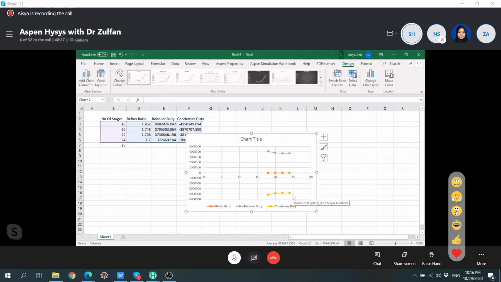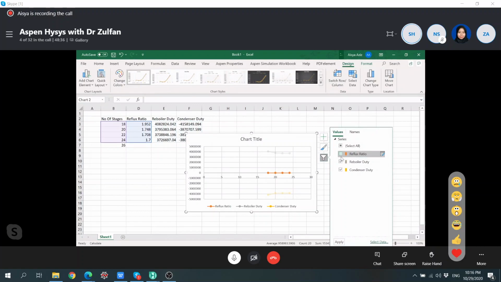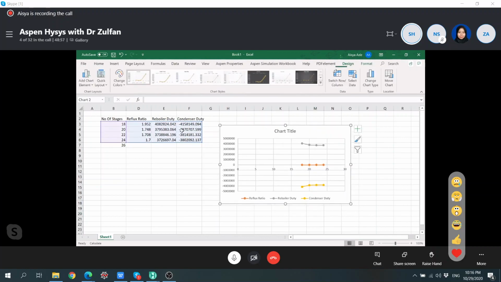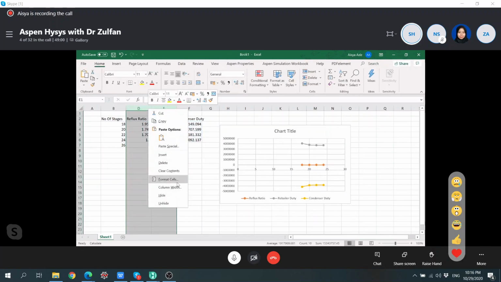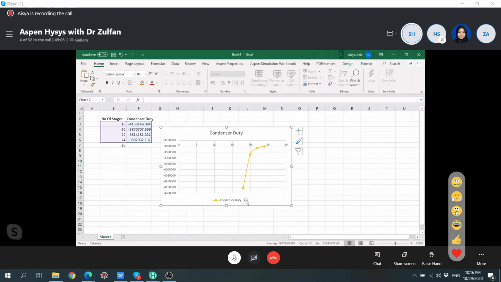Good. So now you have a very strange scale, but in any case, you can make the graph much more beautiful later. You can just tick and untick which one you would like to see. What do you want to see first? Condenser duty. Fine.